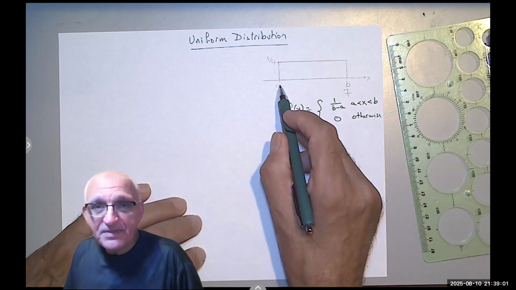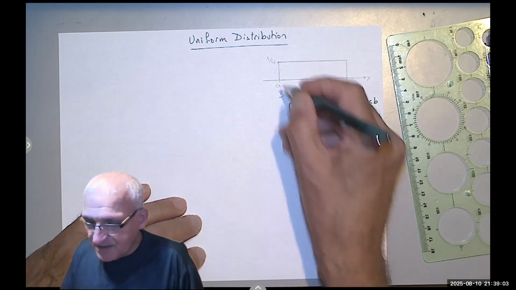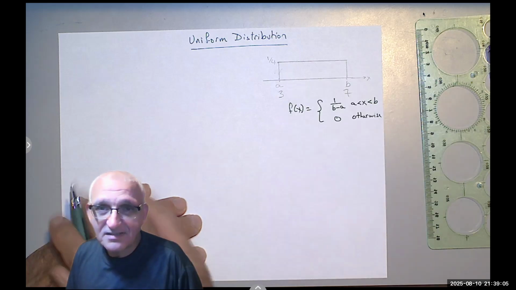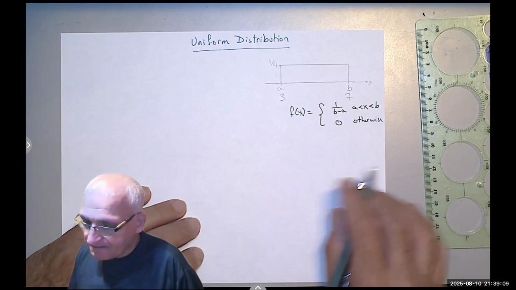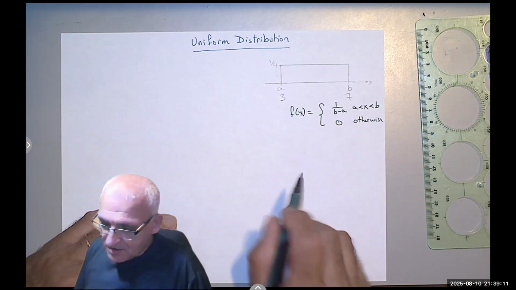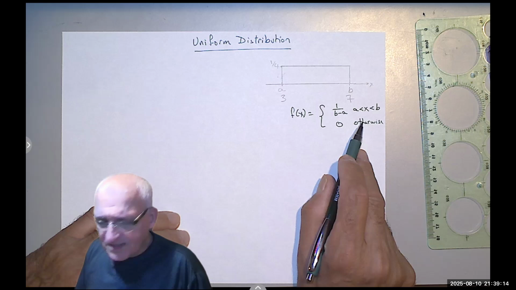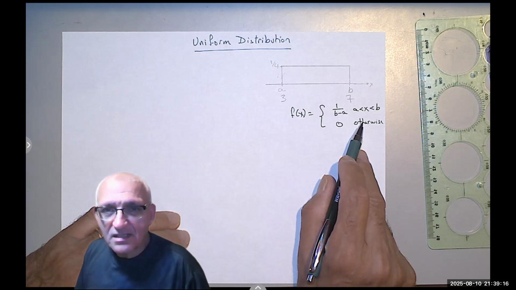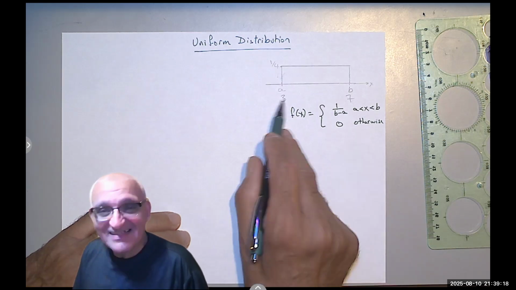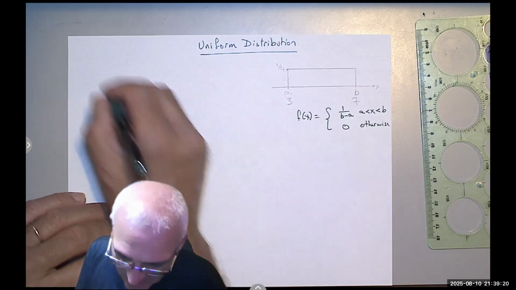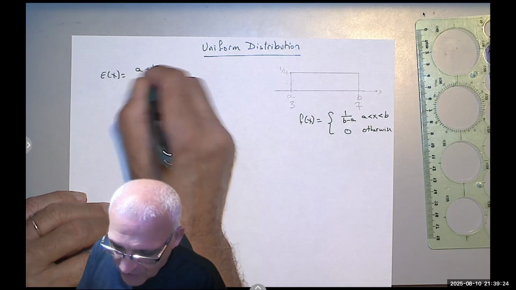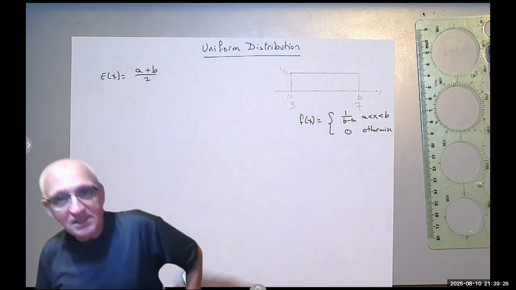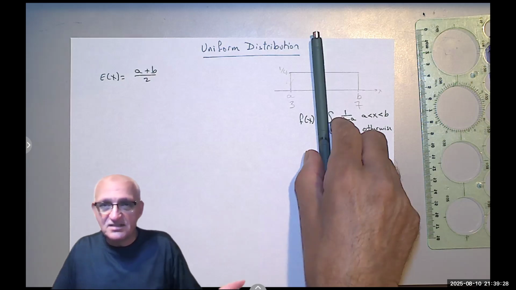Meaning the PDF, the CDF would be a triangular shape, right? Very easy. Yes, that's the cumulative. Now, so that's the function, right? What is the mean? This is 3 and that's 7. Yes, the mean E of x equals a plus b over 2. It's just the mean. It has to be exactly in the middle because it's symmetric.